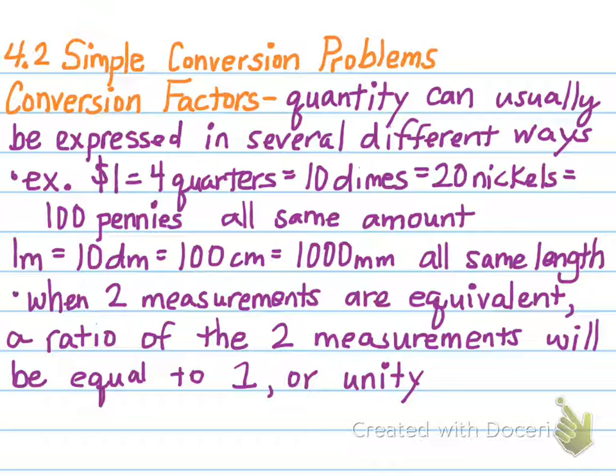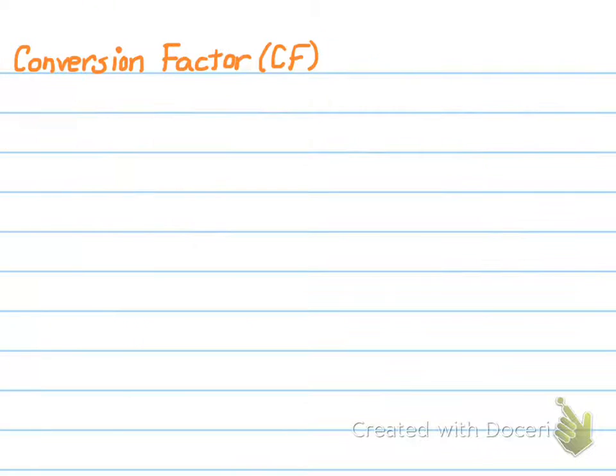So when we want to have this ratio of two measurements in chemistry class, that's called something special. That's called a conversion factor.